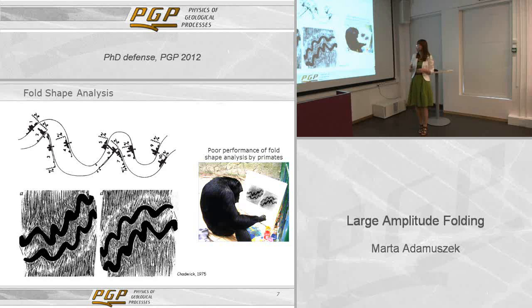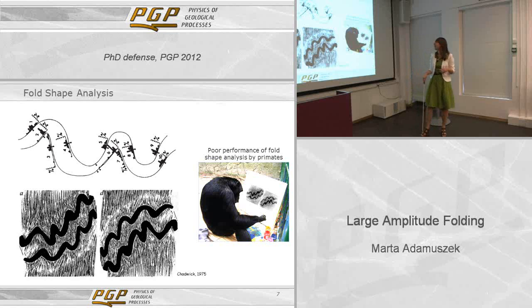He got a range of answers and plotted them in a histogram. He also made another test, where he gave geologists a fold to analyze twice, but the second time he used the same fold rotated 180 degrees.